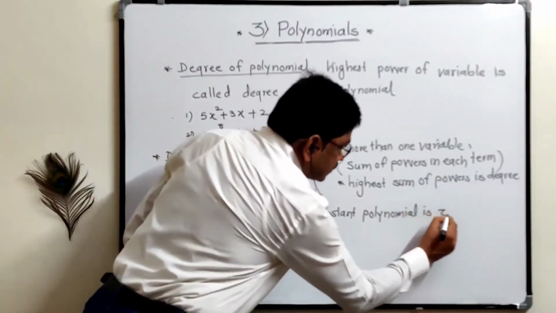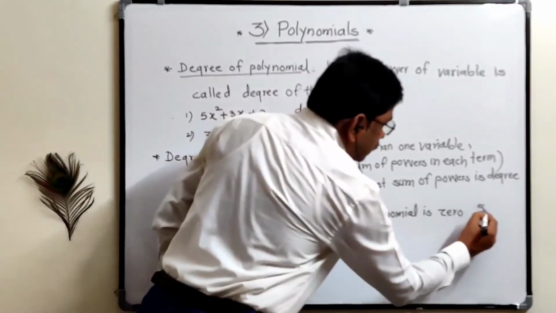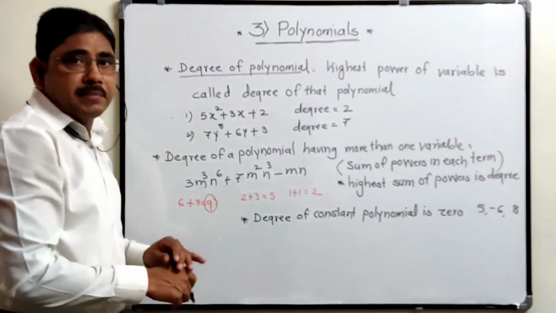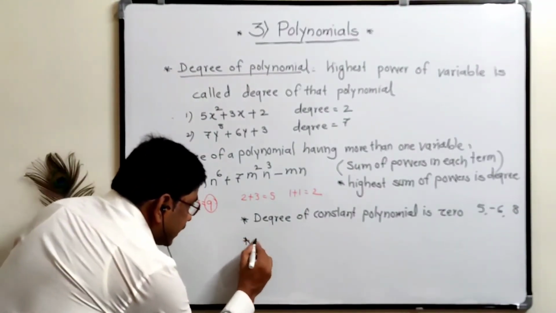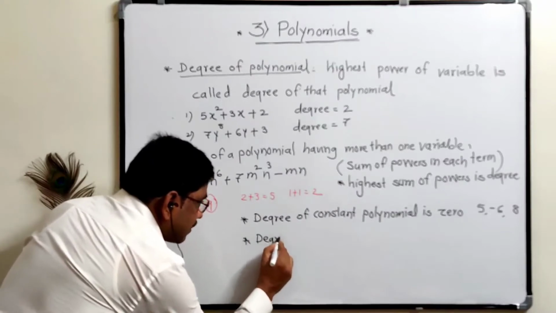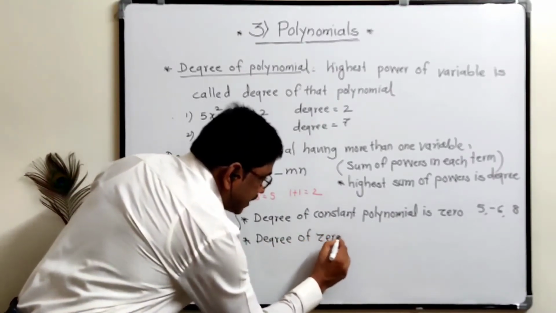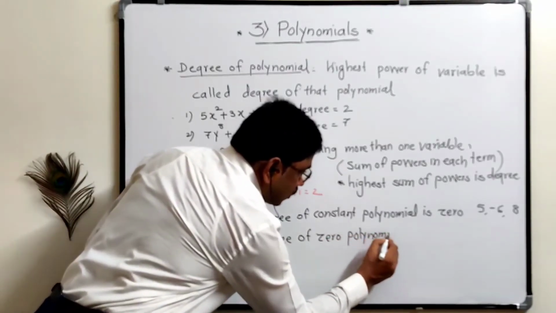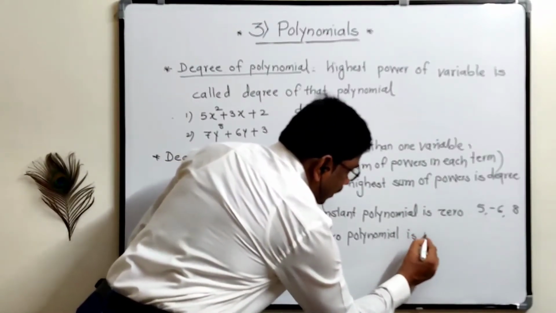For example, 5, minus 6, 8, these are constant polynomials. Then the degree is 0. And last point, remember these points, the degree of zero polynomial. If zero polynomial is there, meaning no term is there, the degree is not defined.